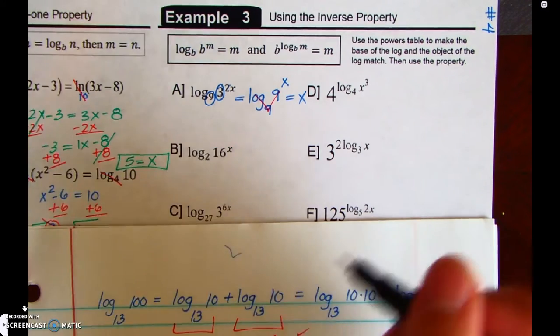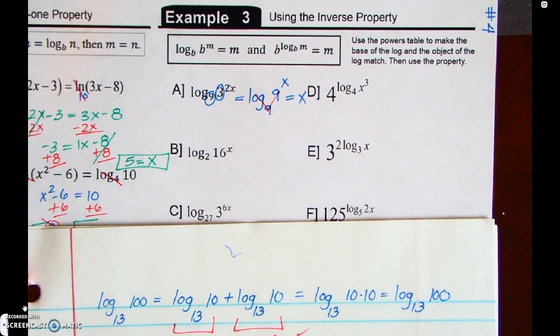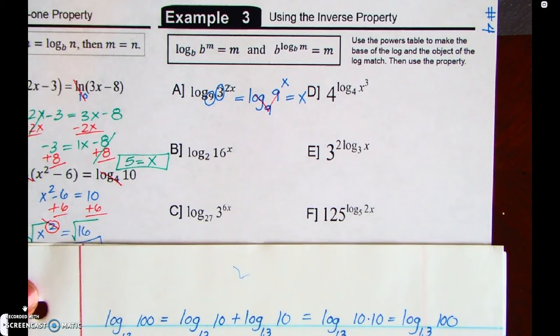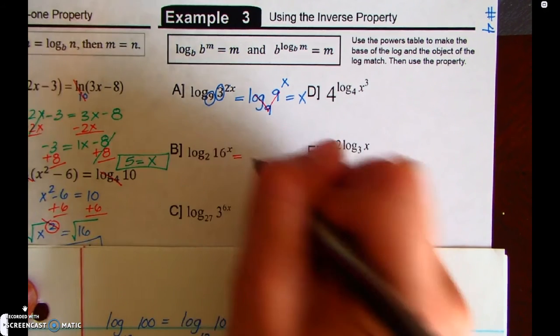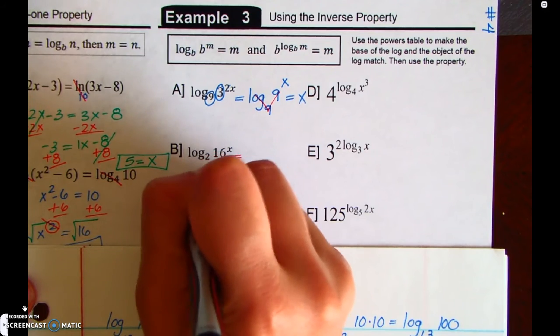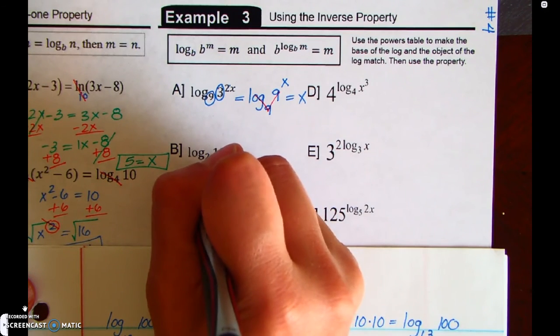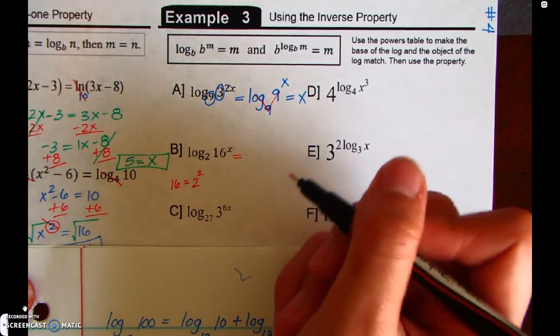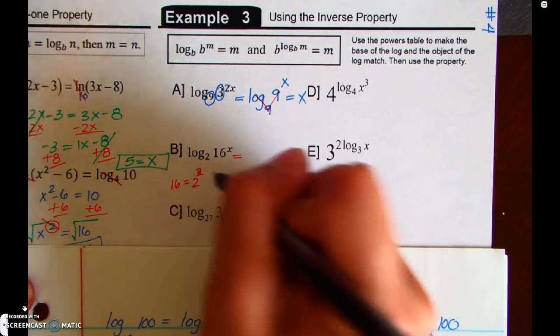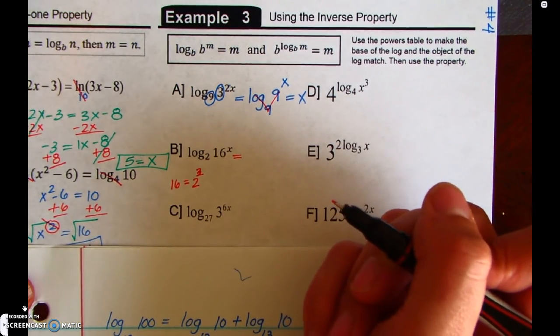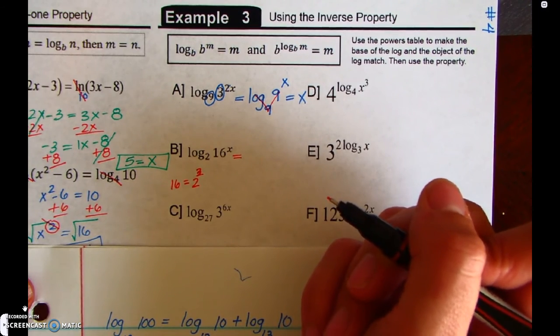You look at B, log base 2 of 16. Can I rewrite 16 so that it's a power of 2? Well, 2 squared gives me 2 times 2, so that's not good. That's just 4. 2 to the power of 3 is 2 times 2, which is 4, 4 times 2 is 8.